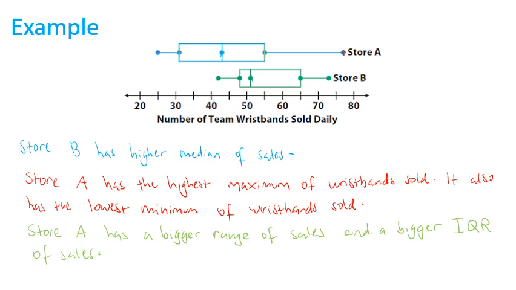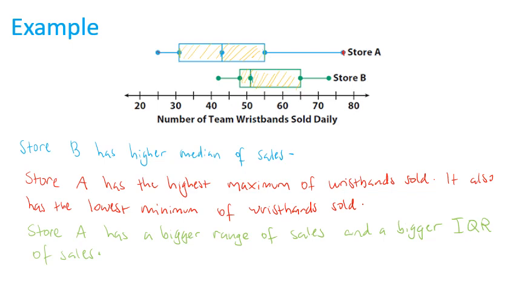So if we had to think which store is more successful, it depends on what you measure success. For me, I would say that store B is more successful. More of its sales were higher, like in the higher number, than most of store A's.